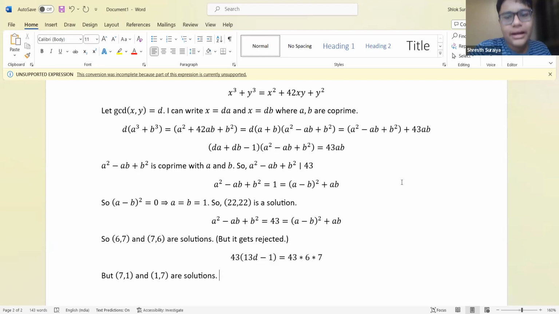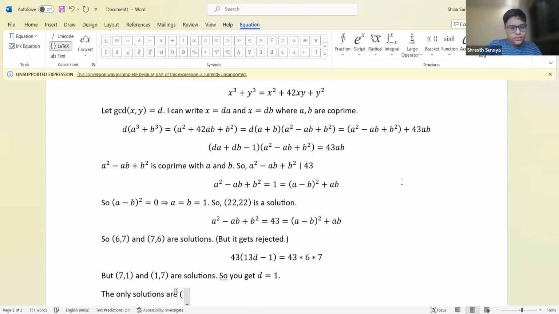So dA plus dB equals 7, so it doesn't get rejected. So you get d equal to 1. So the only solutions are 1 comma 7, 7 comma 1 and 22 comma 22.